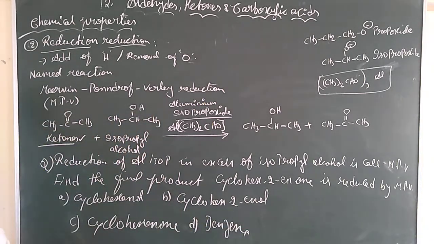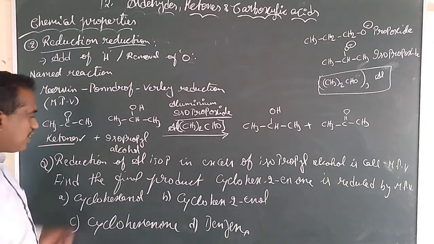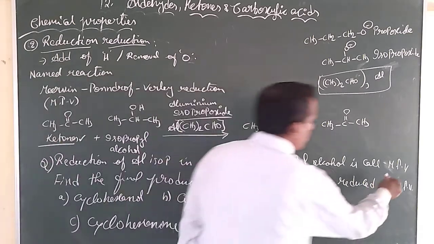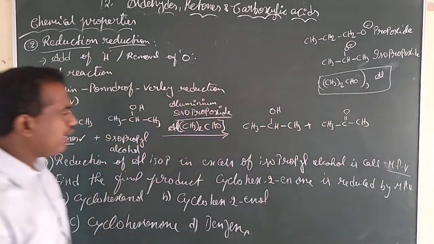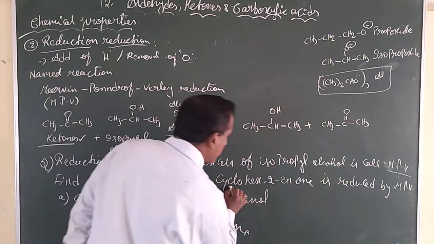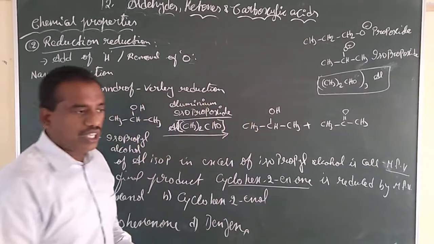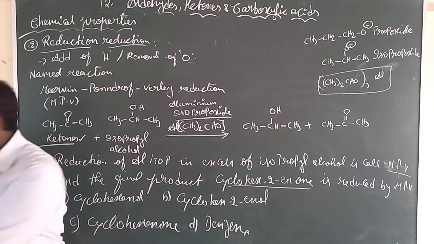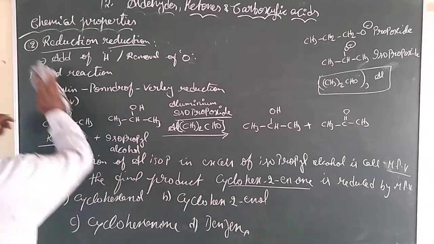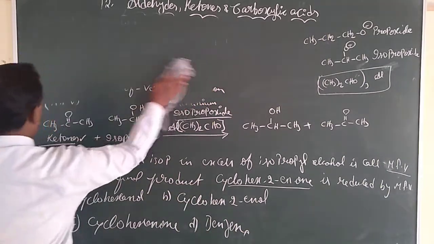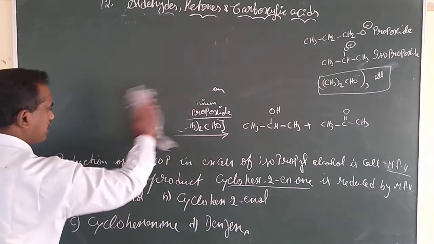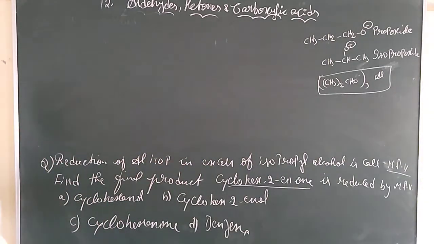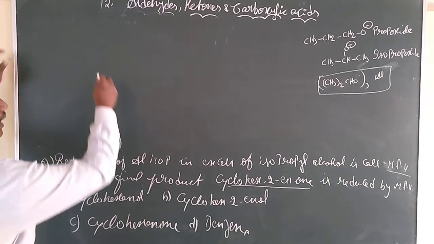So in this method, we have given the options. Whenever the question itself mentions MPV and gives a reactant for cyclohexene, you must know how to write its structure. What is the structure of the given reactant, children?